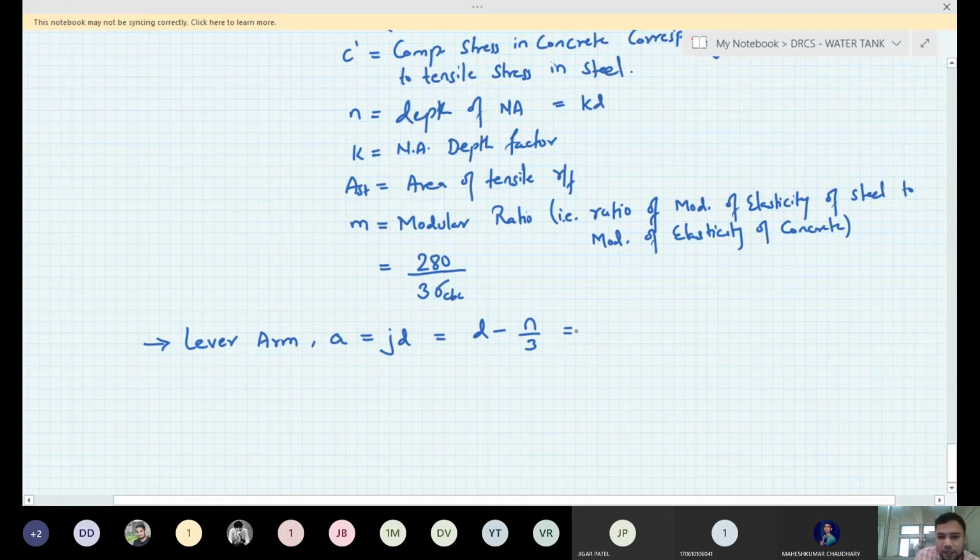And what is N? N is KD. So D minus KD by 3. So we can write this as D into 1 minus K by 3.